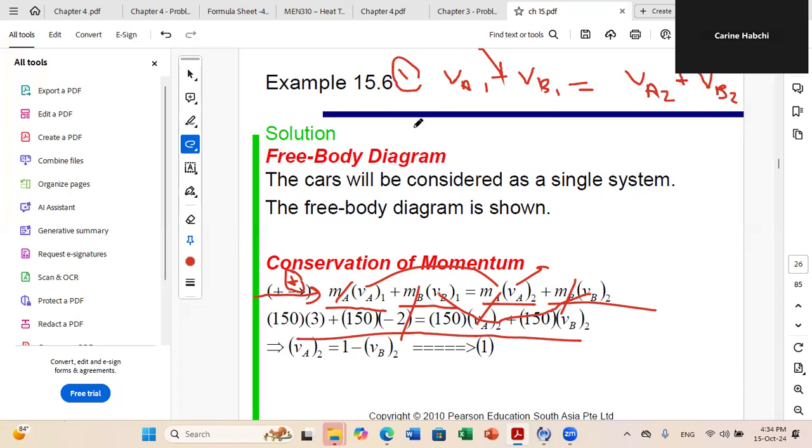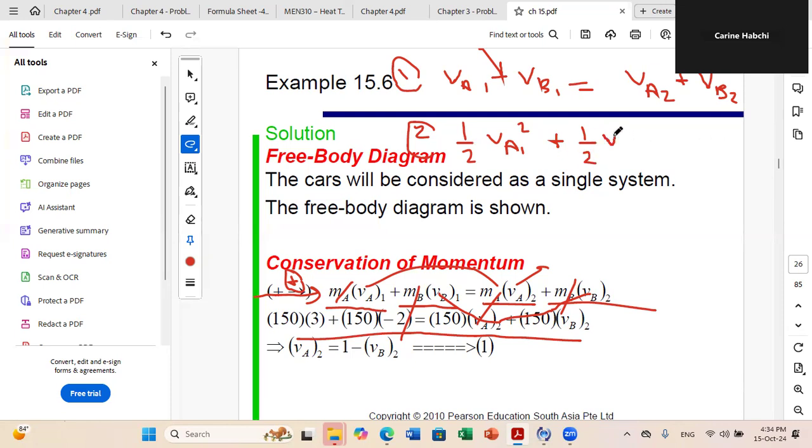Equation 2, of conservation of kinetic energy, will be half VA1 squared plus half VB1 squared. We cancel out M because it's the same mass everywhere.